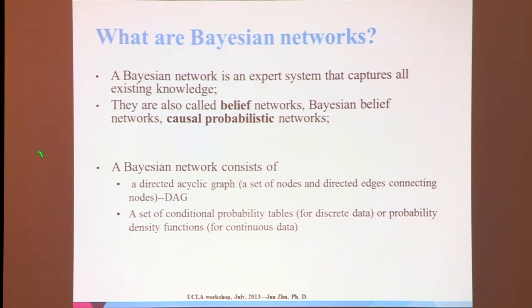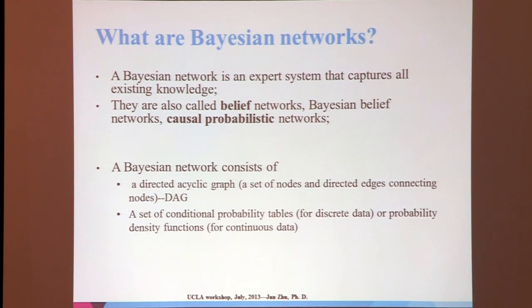But Bayesian network is a special part of this causal probability network, because one part of this graph is called a directed acyclic graph. Generally, what that means is that you have a set of nodes, and there's an edge connecting from node to node, but there's no loop. So acyclic means from one node, you can never follow the edges and go back to itself.